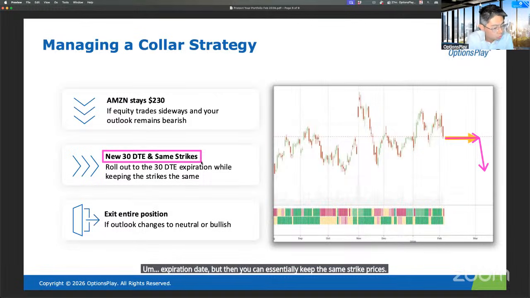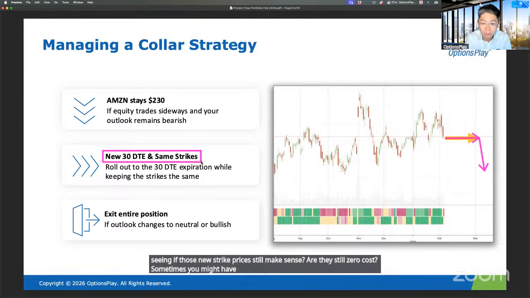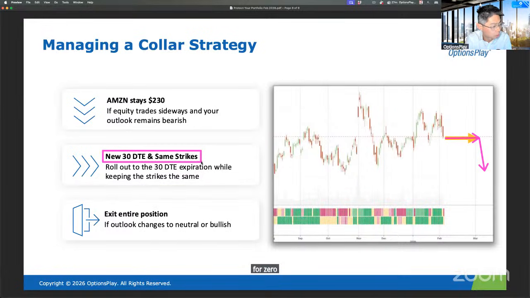Now, you always want to reassess in terms of seeing if those new strike prices still make sense. Are they still zero cost? Sometimes you might have to make some minor adjustments to the strike prices, once 30 days goes by, in order to keep it zero cost, but you should be able to do it for zero cost to some degree with the same strikes, if not some minor adjustments to the strike prices.